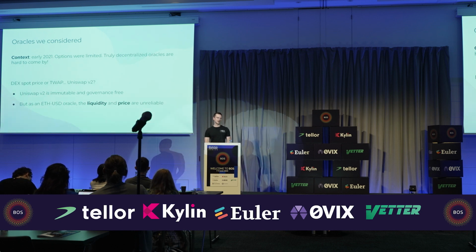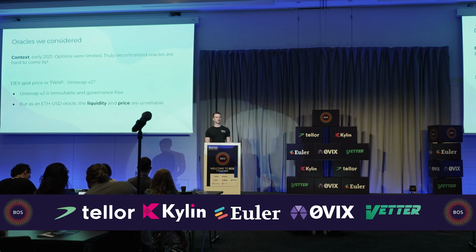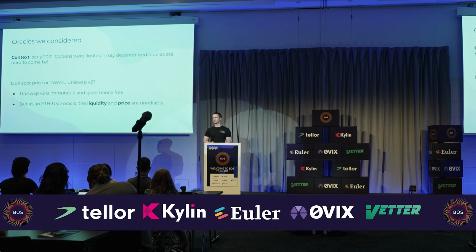At this time, there were a couple of issues with using Uniswap as a DEX, because you don't have guarantees about the liquidity. At any point, an LP could pull the liquidity and reduce the resilience of the price and lower the attack cost for that price. And actually, as we saw, most of the liquidity migrated to Uniswap v3 anyway.